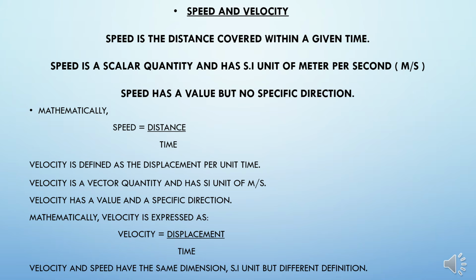Velocity becomes displacement over time. If I compare the two, speed and velocity, I can state that speed has two scalars, while velocity has one vector and one scalar.